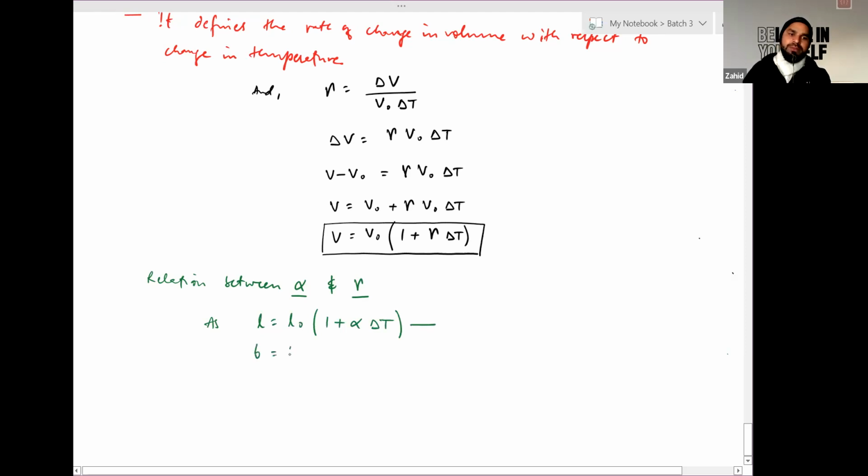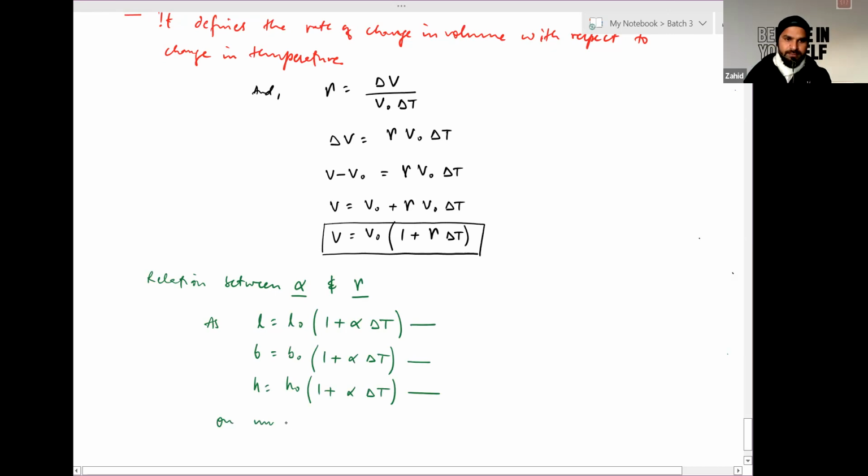Similarly, breadth equals b naught times 1 plus alpha delta t, and height equals h naught times 1 plus alpha delta t. If you multiply these three dimensions, we get volume.